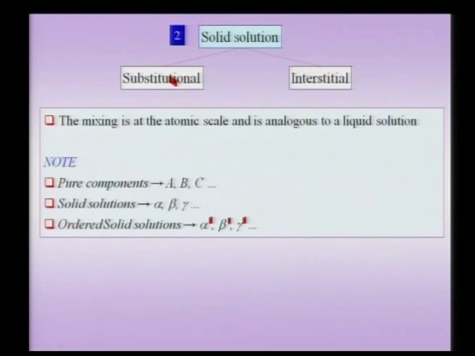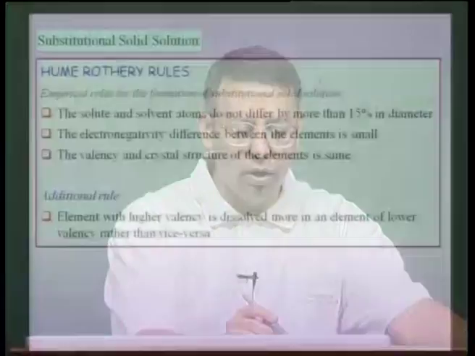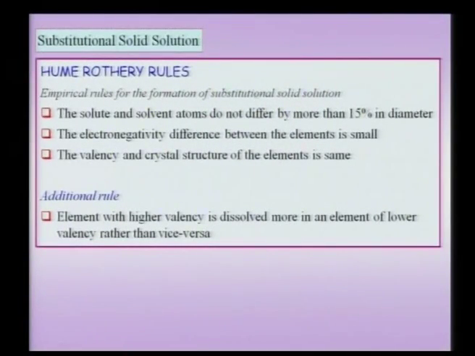Now I talked about the Hume-Rothery rules, which tell you when I would get extensive solid solubility in the case of substitution solid solution. And these are empirical rules which govern the formation of substitution solid solutions. These are simple rules to understand, and they can be rationalized in terms of our usual common sense materials thinking.